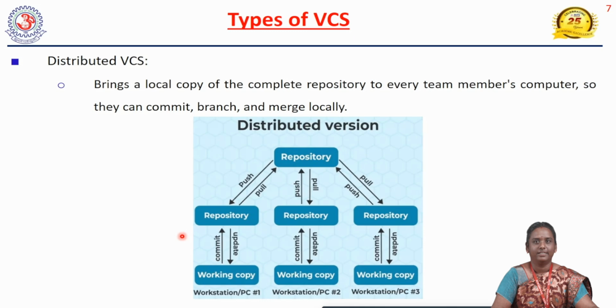So here, unlike the centralized system, we do not need an active network connection, and we are not completely relying on the central server. Even if the remote server fails for some reason, a copy of the code will exist on all the users' machines, because they cloned a copy from the remote repository.